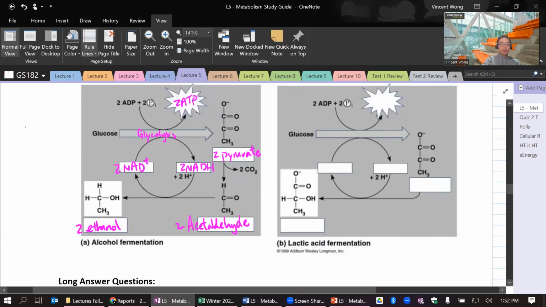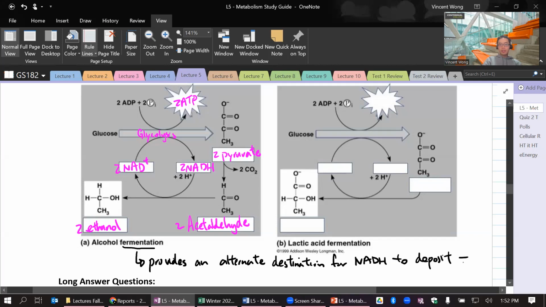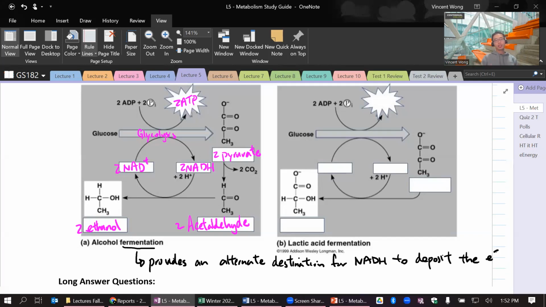Okay, so fermentation here provides, and same thing for the other one, an alternate destination for NADH to deposit the electron, so that you can free up the NAD+ and let glycolysis continue.